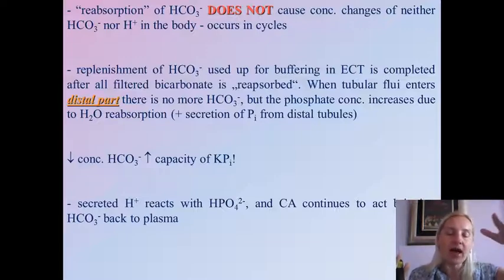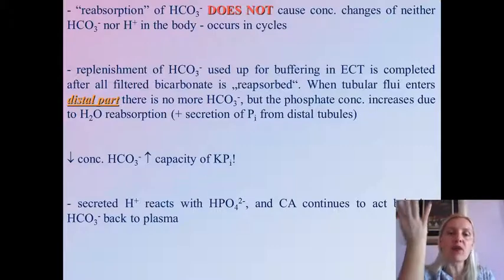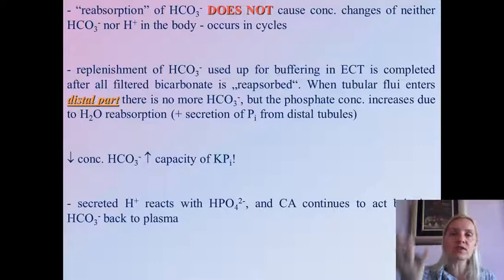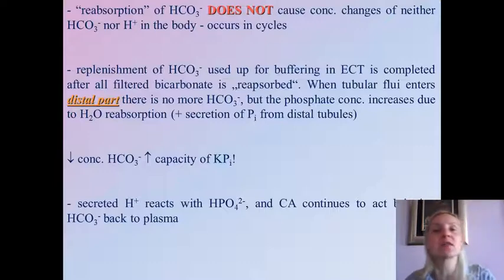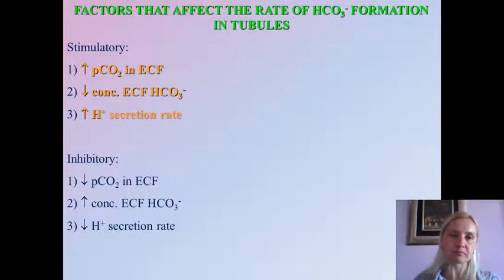So at the final stage in distal tubules, you have a drop of bicarbonate buffer, but you have a rise of phosphate buffer, so it overtakes the role of bicarbonate buffer. So from the level of distal tubules on, the function of bicarbonate buffer is going to be completed by phosphate buffer.